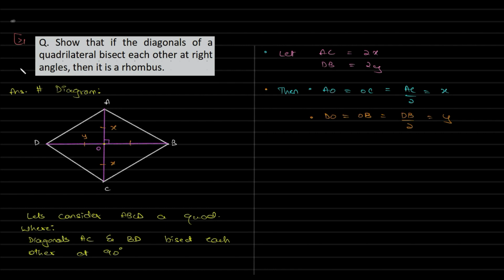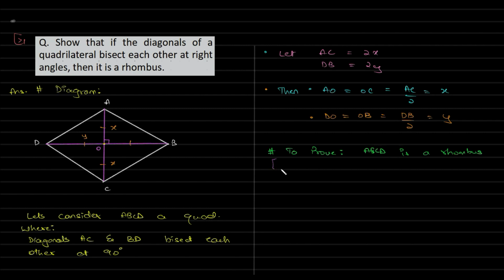Okay, so what is the next thing? What else? So I think we just have to write, to prove ABCD is a rhombus. So how do you prove ABCD is a rhombus was my question. I hope you guys are able to figure it out.